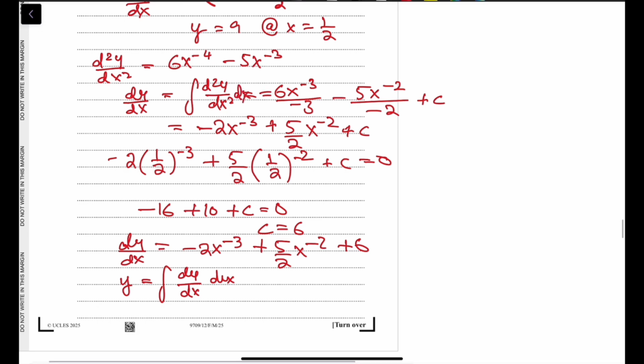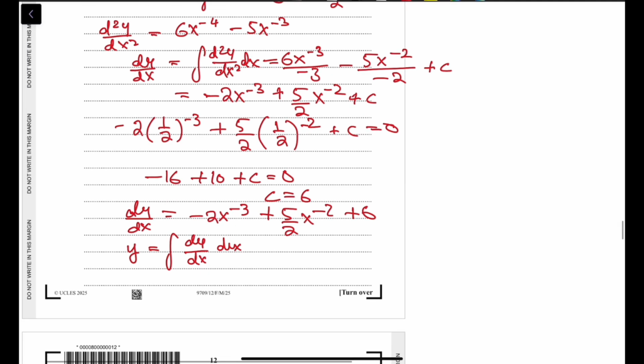Got to include that in there earlier, my bad. So then what we're going to do is negative 2x to the negative 2, divided by negative 2, plus 5x to the negative 1, divided by negative 1, plus 6x plus c.